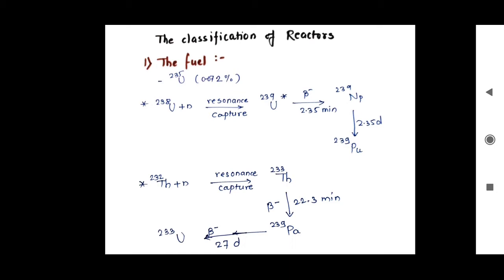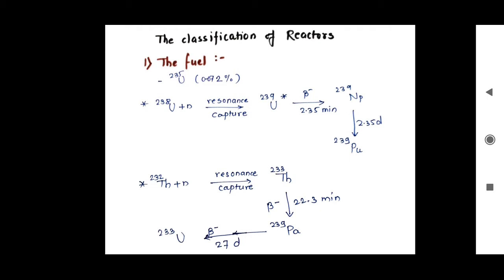Here is the reaction given for the generation of plutonium. When we bombard uranium-238 with a neutron, the neutron is captured by the uranium-238 nucleus. This capture is called resonance capture, and uranium-239 is generated. This uranium-239 has excess energy, and it undergoes beta minus decay in 2.35 minutes, forming neptunium-239.